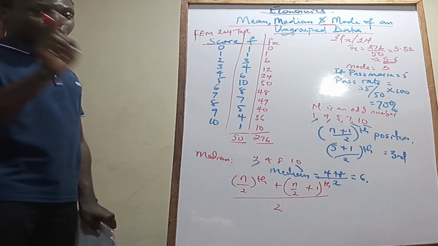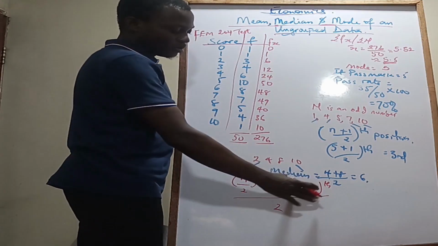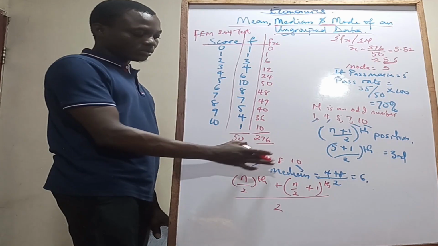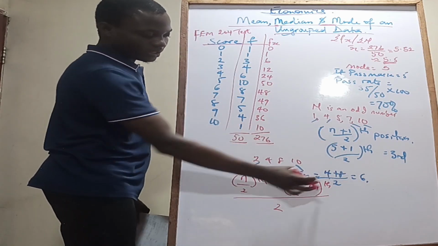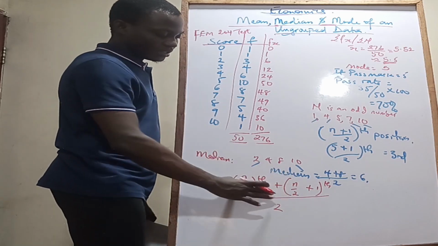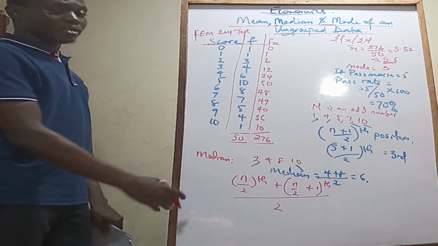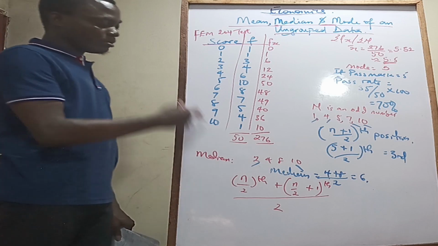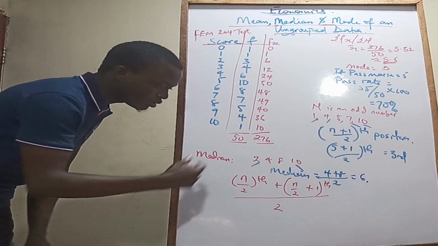So you're going to have 2 positions. Like this is going to be the first position, this number is going to be second. Just the way we added, the first position was this, the median. This was the first one, second one. So we added those two numbers and then divided by 2. So you use this and this to identify the position of the numbers that happen to be the median, then you divide it by 2.